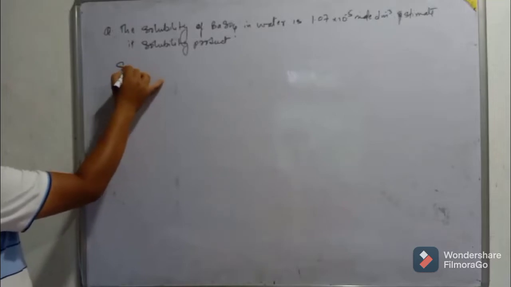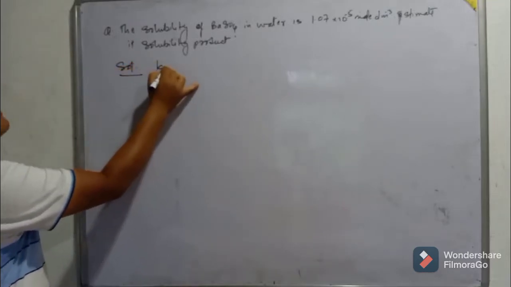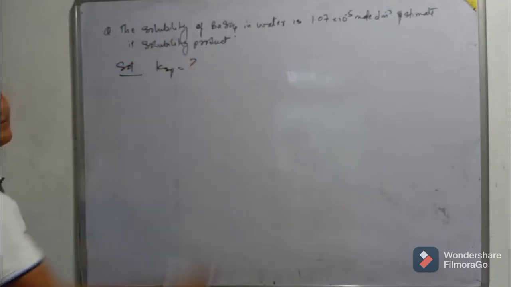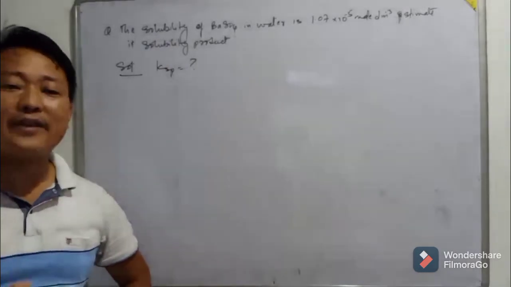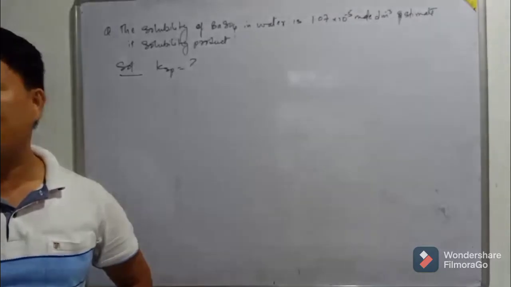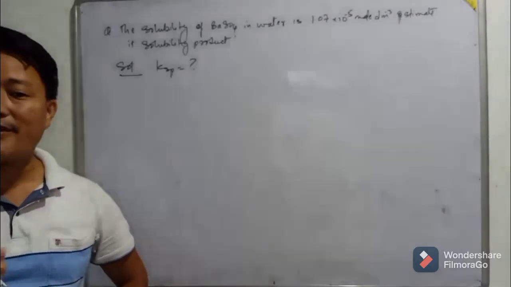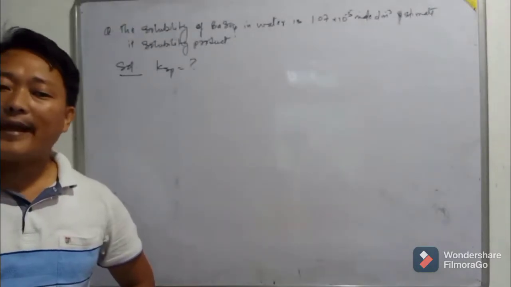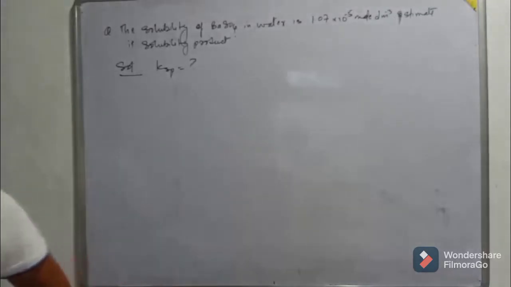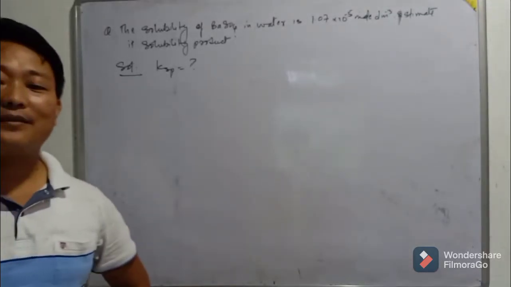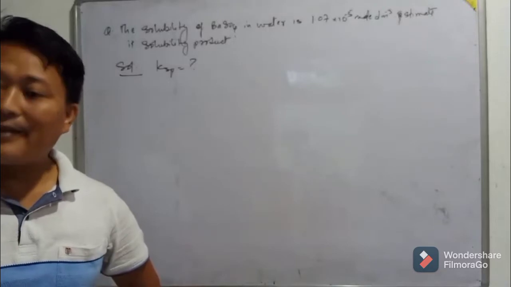In this case we have to find the KSP. If we have to find the KSP, then the S value has to be there. Either S will be given and we have to find KSP, or KSP will be given and we have to find S.